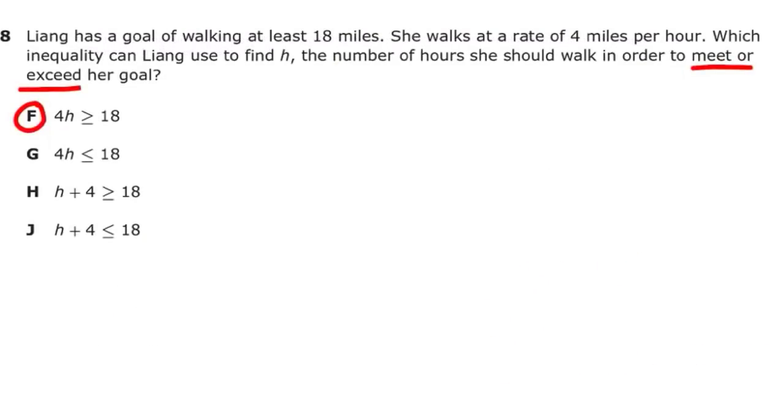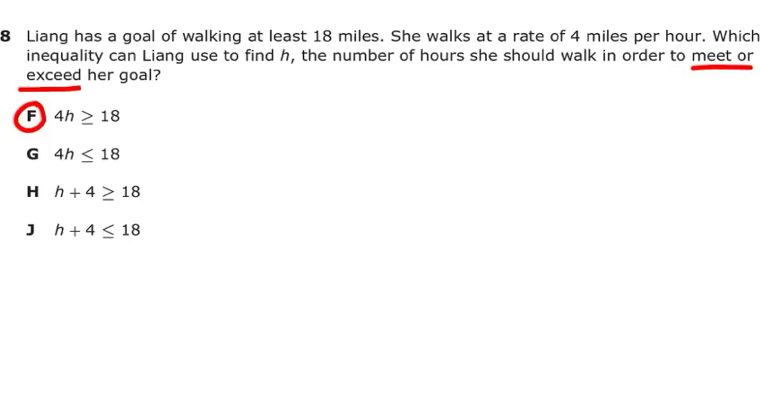Number 8, Lang has a goal of walking at least 18 miles. She walks at a rate of 4 miles per hour. Which inequality can Lang use to find H, the number of hours she should walk in order to meet or exceed her goal? As you can see, I underlined meet or exceed because that is the key to telling us which one of these is correct.